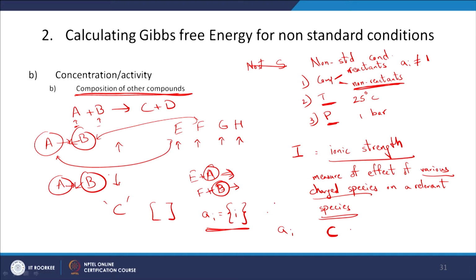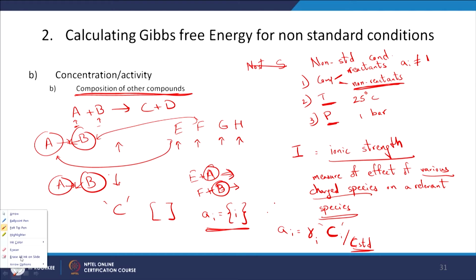The activity of any compound i would be equal to an activity coefficient times the dimensionless concentration. To make that dimensionless, we divide the concentration of the compound by the standard concentration.